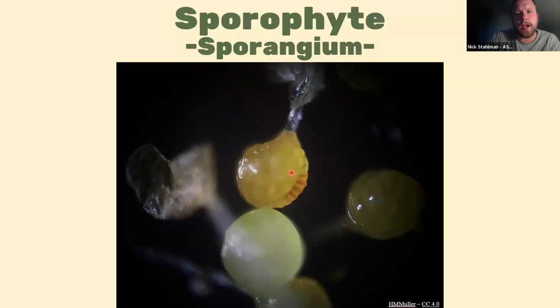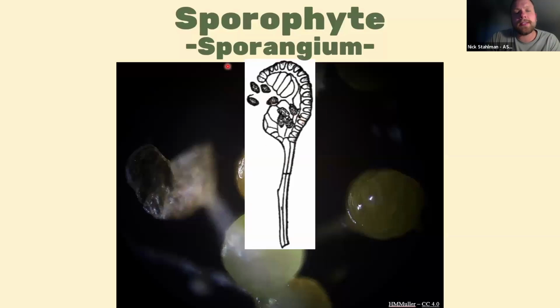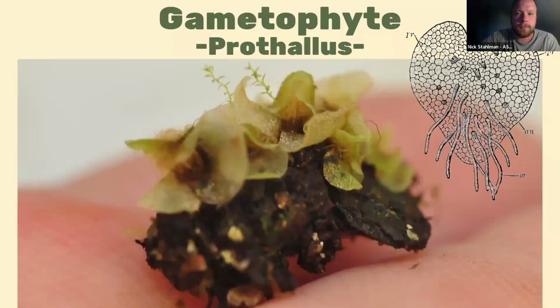And as it pressurizes, it snaps and rips open, releasing the spores and ejecting them. And the spores are so lightweight that wind will easily carry them off. So the spores become airborne and will germinate into hopefully the gametophyte stage.